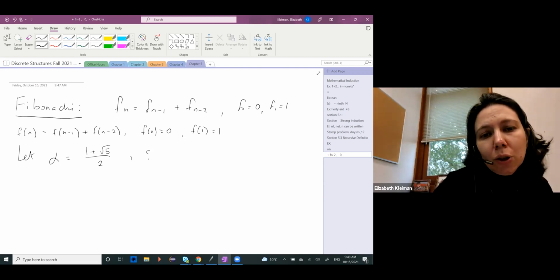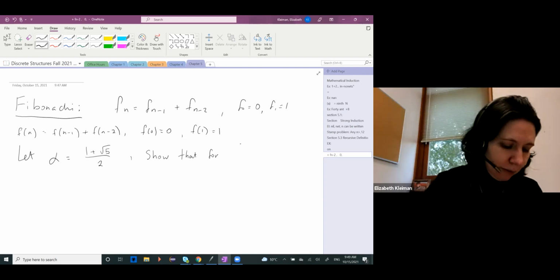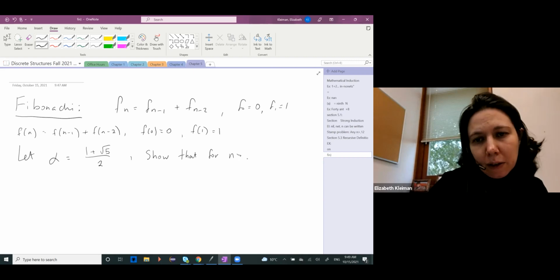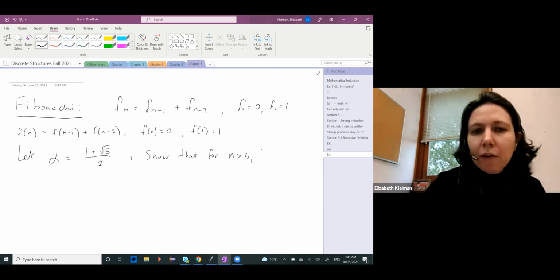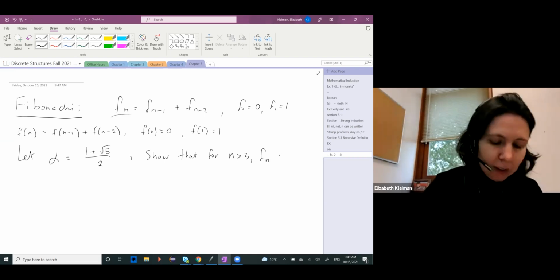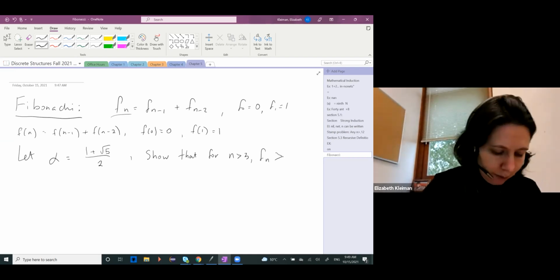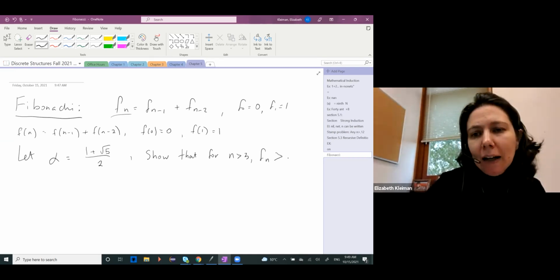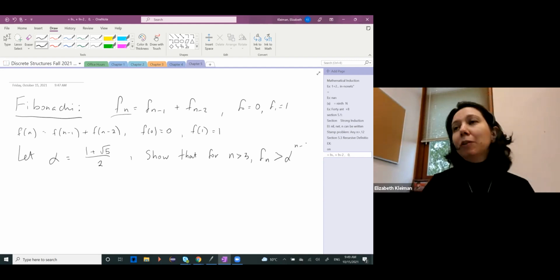I want to show that for n bigger than 3, Fibonacci, f of n is bigger than alpha to the power n minus 2.